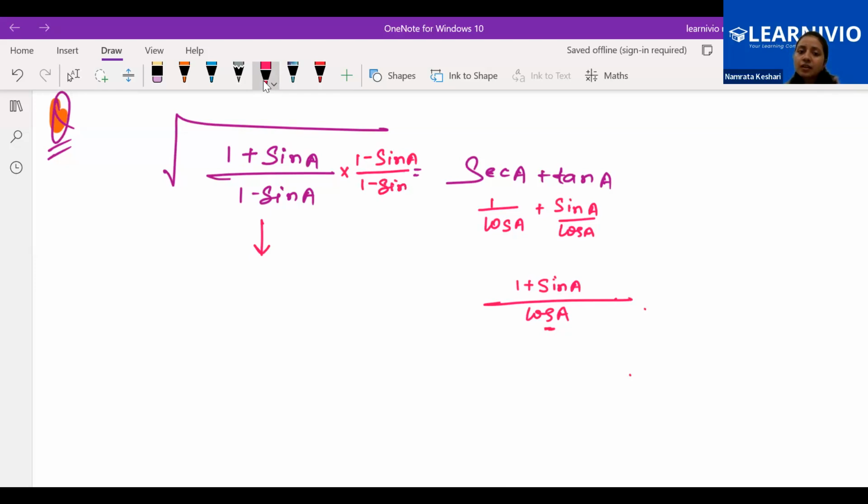Ma'am, okay, but how do we remove the root? Inside the root only we will be doing it. Since we are multiplying with the exactly same term, we are not changing anything, we are multiplying with one. Inside the root only we are introducing this rationalization, and we are just checking. Let's check it.